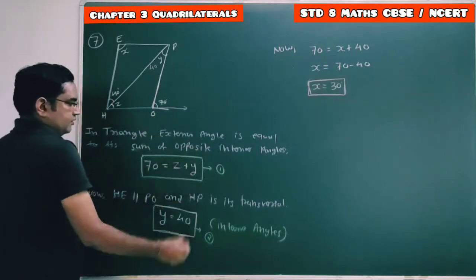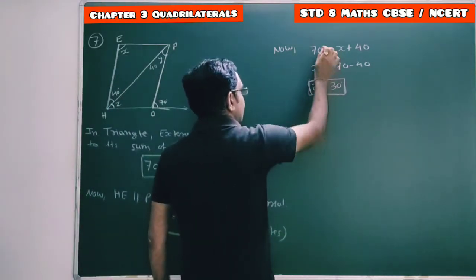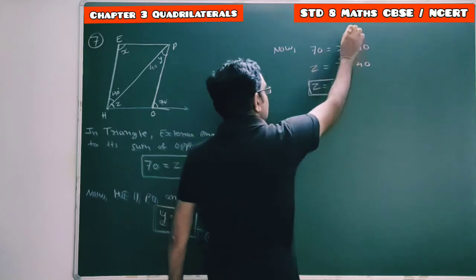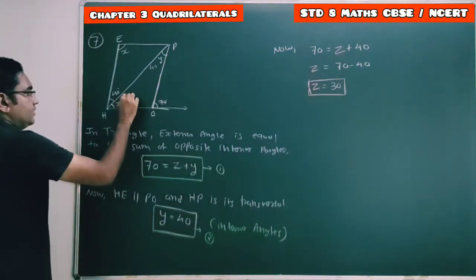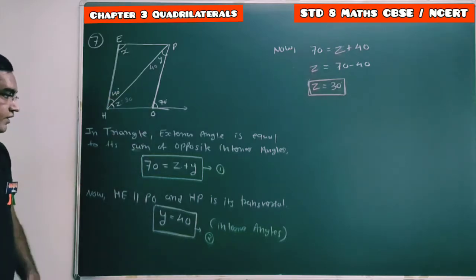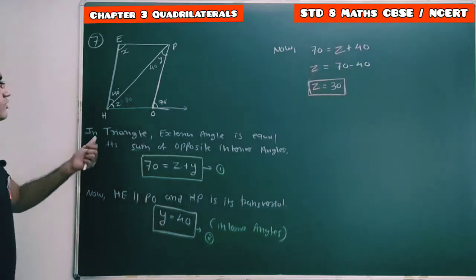This is z. So here we get the value of z. This will be z, not x. Mistakes happen sometimes. This is the value of z. So z is 30. So z equals 30.